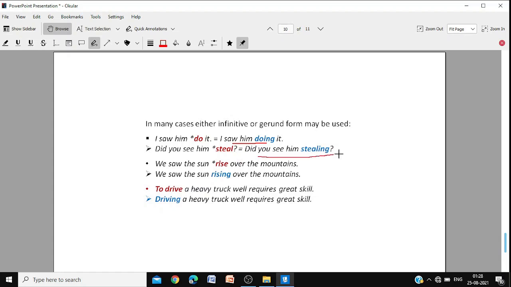Did you see him stealing? So here we have the infinitive, and here we have the gerund, the ing form. We saw the sun rise over the mountains. We saw the sun rising over the mountain. To drive a heavy truck well requires great skill. Driving a heavy truck well requires great skill.